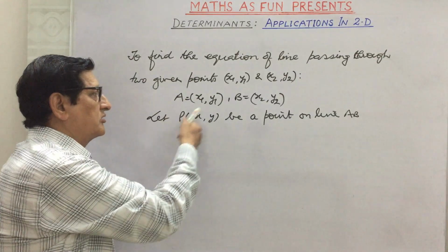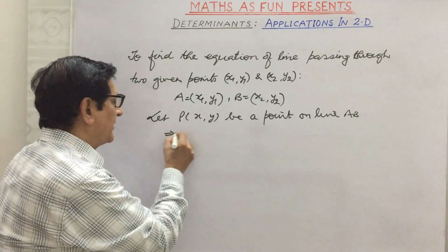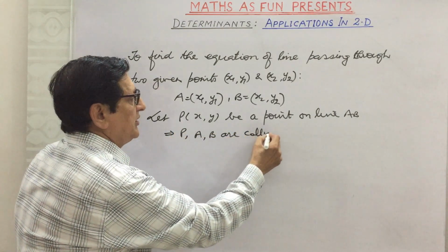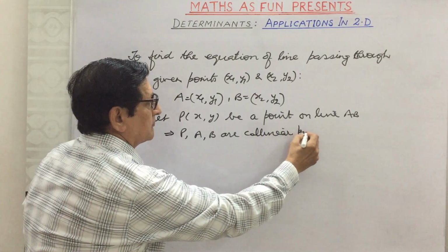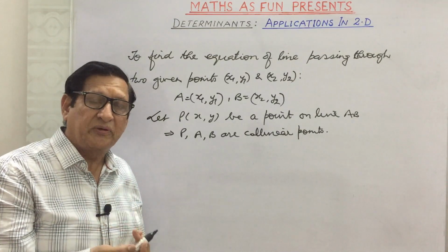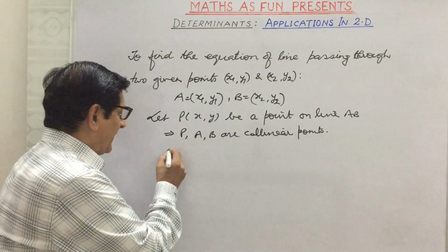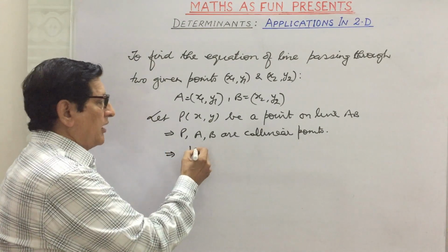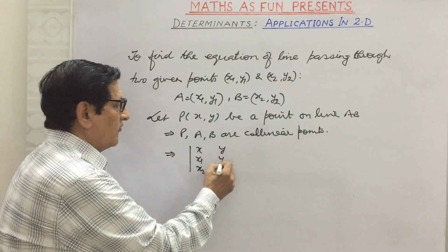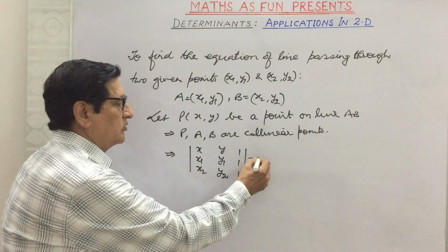Then all these 3 points are collinear. This implies that P, A, B are collinear points. And then for the collinearity, the area of the triangle will be 0, or we can make use of the determinant which is to be 0. This implies that the determinant x, x1, x2, y, y1, y2, 1, 1, 1 equal to 0.